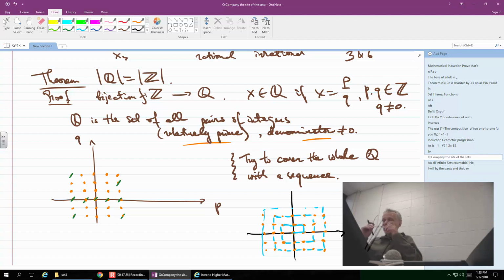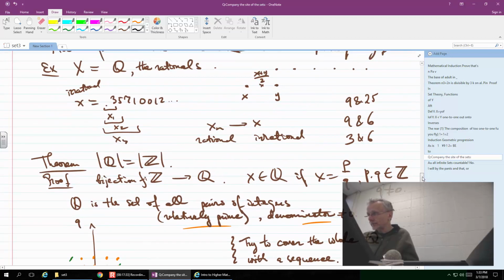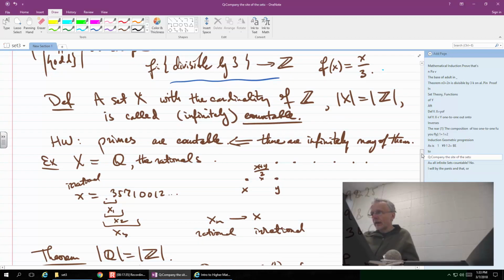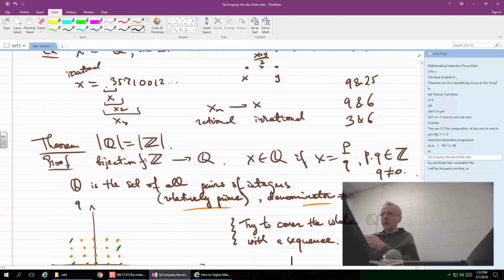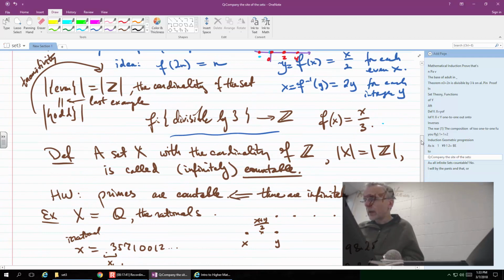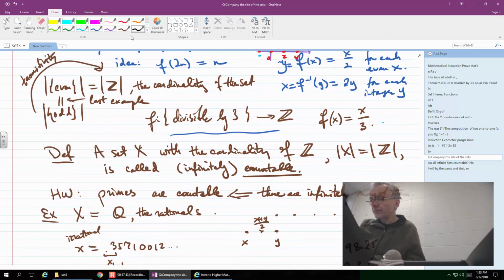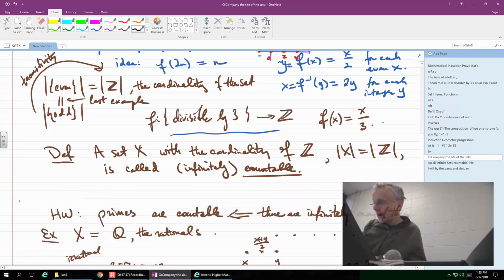Okay, so by the way, implicitly we encountered another example that I did not address, and that is natural numbers versus integers. Rational numbers versus integers, once again the same number. Natural numbers and integers.